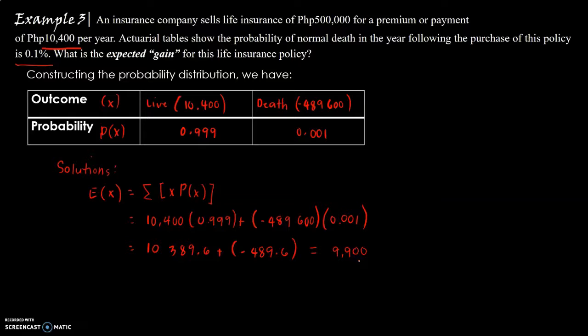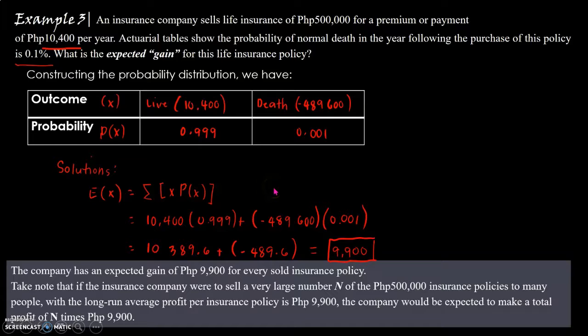Meaning to say, the expected gain of the insurance policy is 9,900. It is a gain because our final answer here is a positive. So the company has an expected gain of 9,900 for every sold insurance policy.